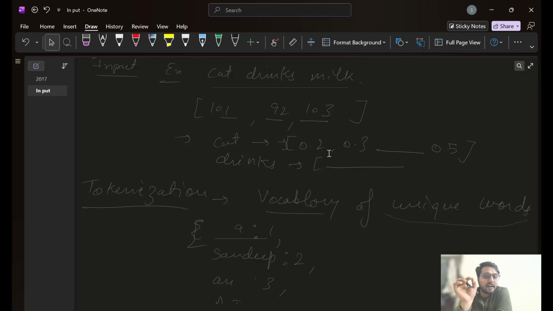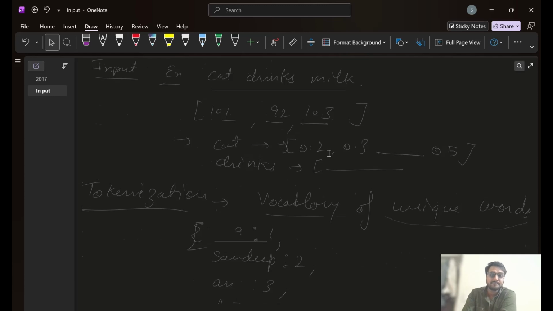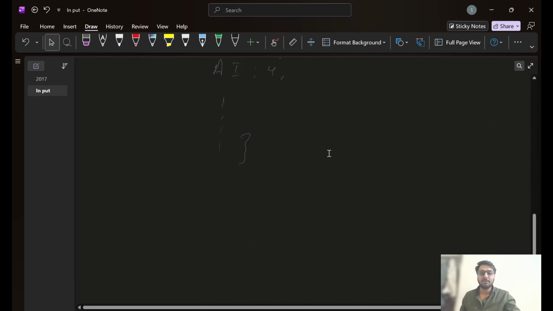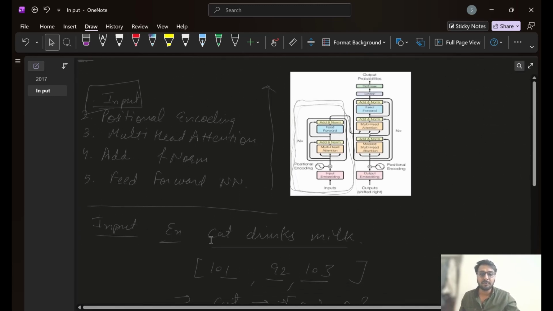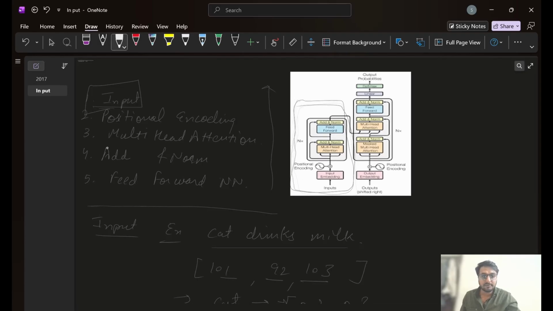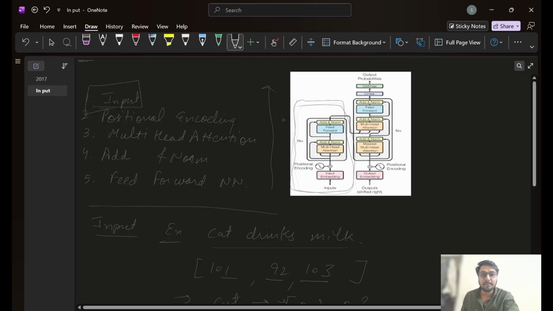We are using fully connected layers with weights and biases, learnable parameters, to adjust this random vector. When training completes, these random vectors will have changed according to the context and meaning of the word. When we get the vectors of each word, we reach this point.